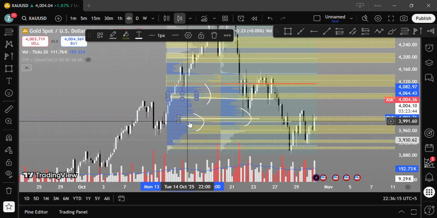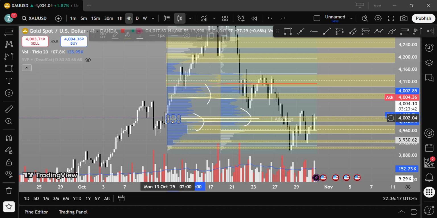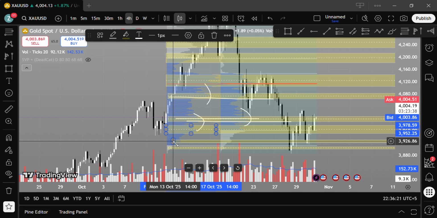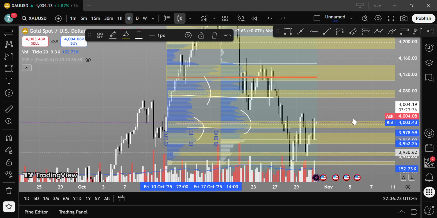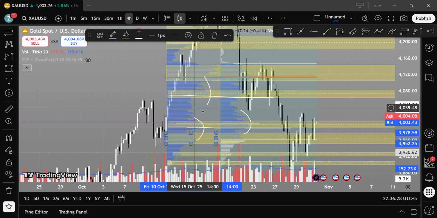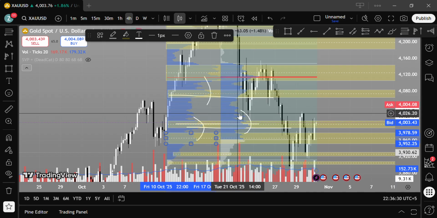Now many of you will tell me that this is simply not realistic, but these volume bumps will give us more future direction for the next move.